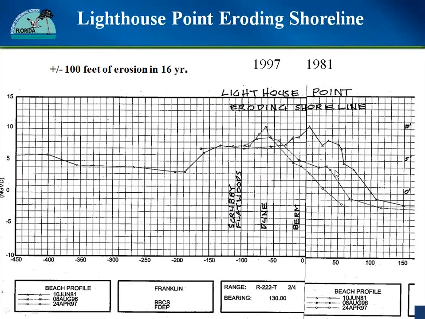Coastal armoring and the coastal armoring policy kind of work against some of those initiatives. So what happens with coastal armoring? Well, we isolate the dune from the beach coastal system, so it does not play a role in beach dune recovery following a storm event.